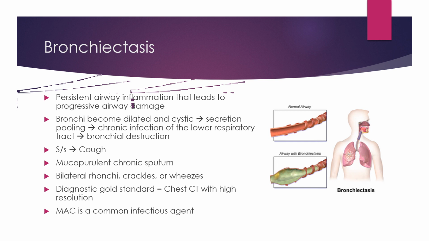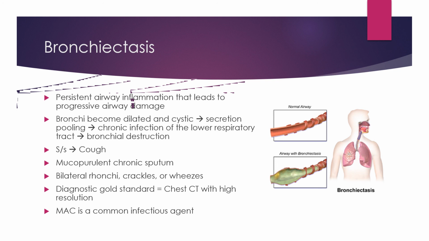Bronchiectasis is due to persistent airway inflammation that leads to progressive airway damage, from persistent and severe damage. Bronchi become dilated and cystic, secretions pool, and there is chronic infection from the lower respiratory tract.